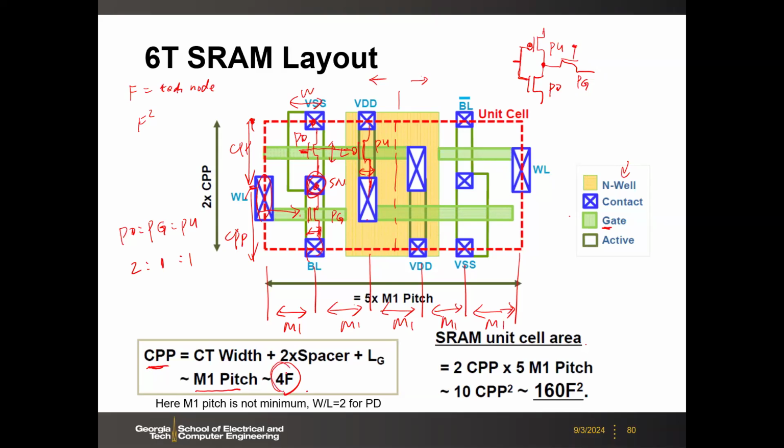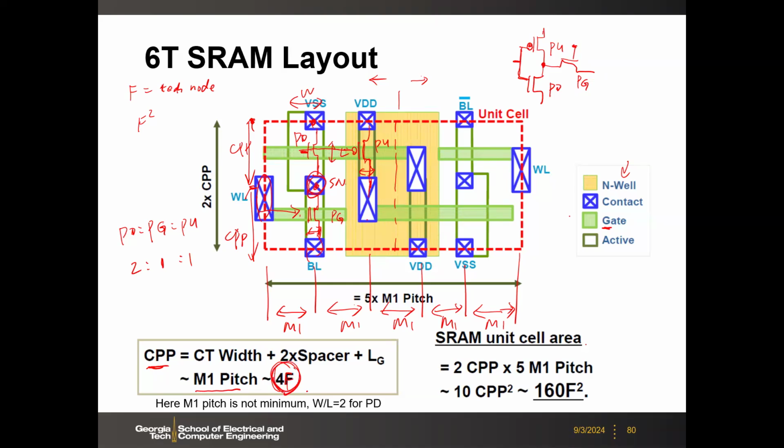If you really use F as a technology node, if you look at the older technology node, for example the Intel 22 nanometer, if I recall the CPP is 90 nanometer. 22 times 4 is roughly 88, which is close to 90.